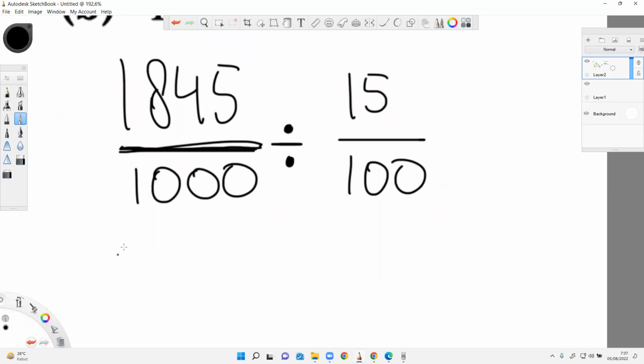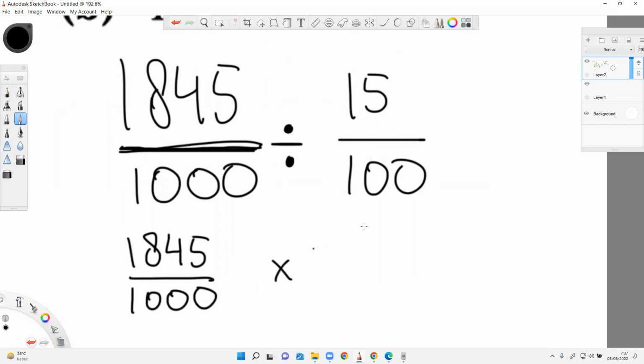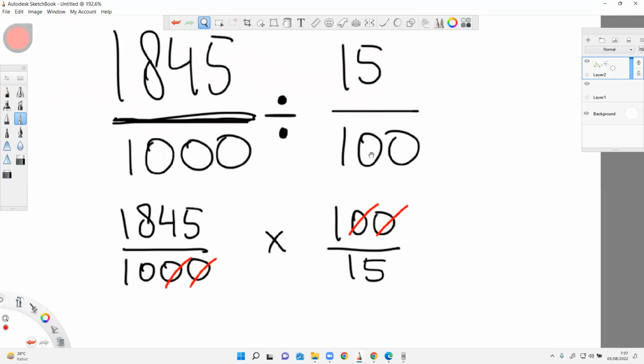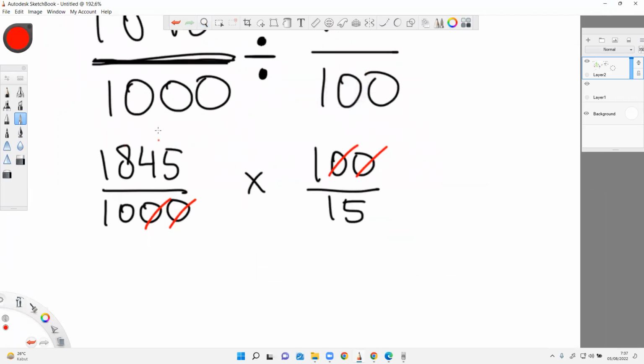Okay, then you multiply by its reciprocal, right? I will write it down a bit smaller because I'm afraid that I don't have any space. Over 15, right? You can cross the 100, right? Just cross the zero, simple. And then you simplify 1845 by 15.